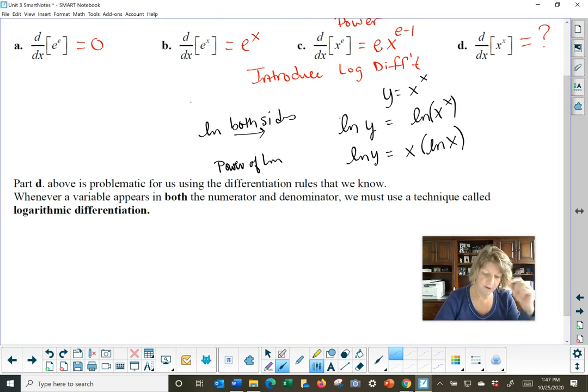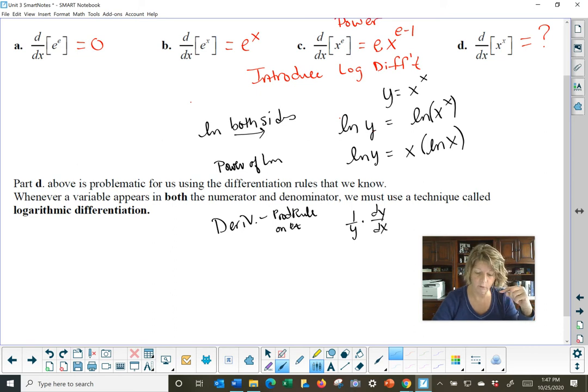Now, take the derivative of both sides. And derivative, this is going to be a product rule on the right. On the left, it's natural log y, so the derivative of natural log y is 1 over u times u prime, which will be a dy dx.